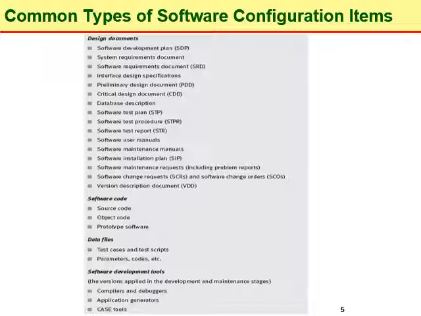Similarly, the configuration items for code include source code, object code, etc. Likewise, the data files have configuration items such as test cases and test scripts and parameters, etc. Whereas for software development tools, the configuration items are compilers, debuggers, application generators, and various CASE tools.